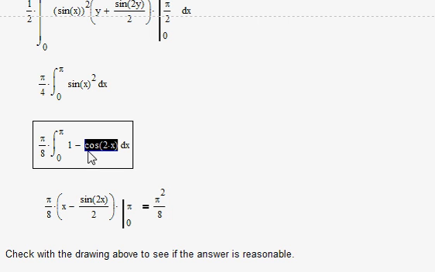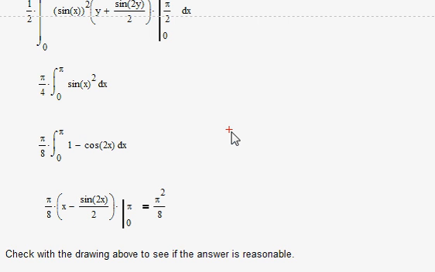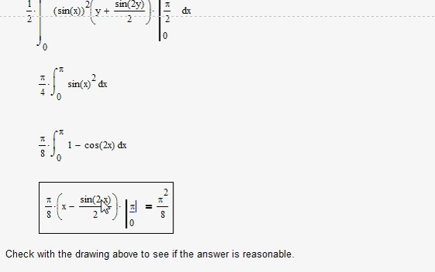Integrating negative cosine of 2x, we get negative sine of 2x, and that's evaluated between 0 and pi. When I put in pi, that's sine of 2 pi, which is 0. This is just pi. And when I put in 0, this is 0, and so is this. So this is just pi over 8 times pi. So pi squared over 8.